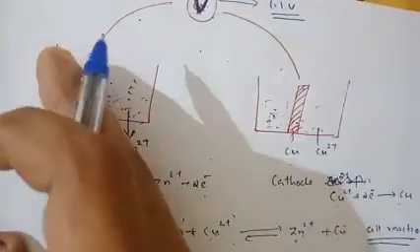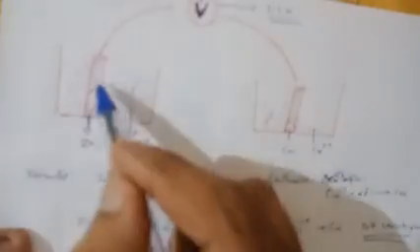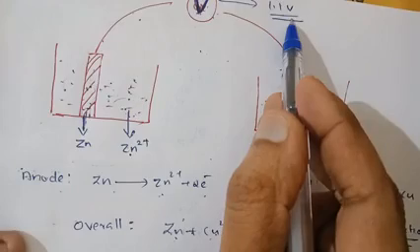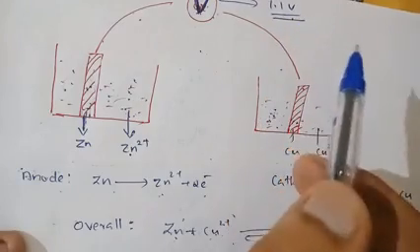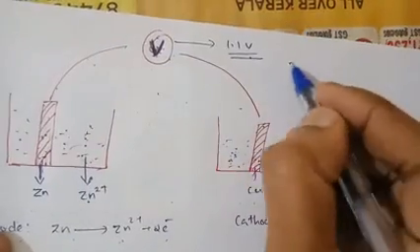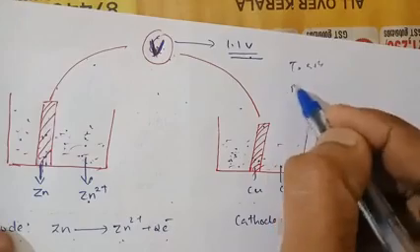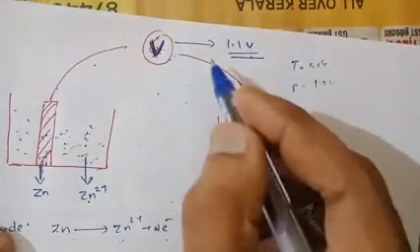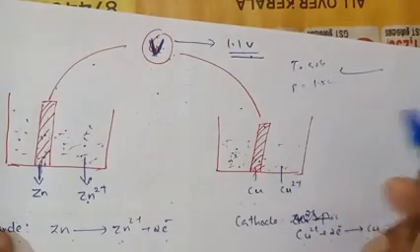That means the potential difference between these two, this one minus this one, will be 1.1. Clear? At standard state only. If the standard state changes, that means temperature becomes 350 and pressure becomes 1.5 bar, this value will be changed. Clear? So for standard state it is constant.